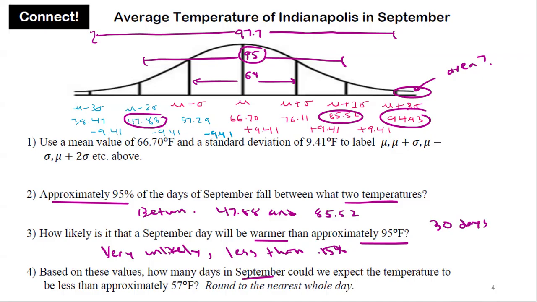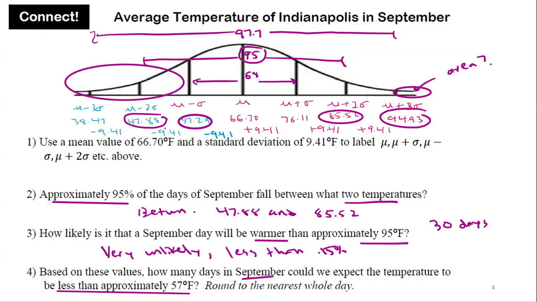And what we want is the probability, or the likelihood, of it being less than 57 degrees Fahrenheit. The closest that we have is 57.29. So we want less than, which means we want this area below it.